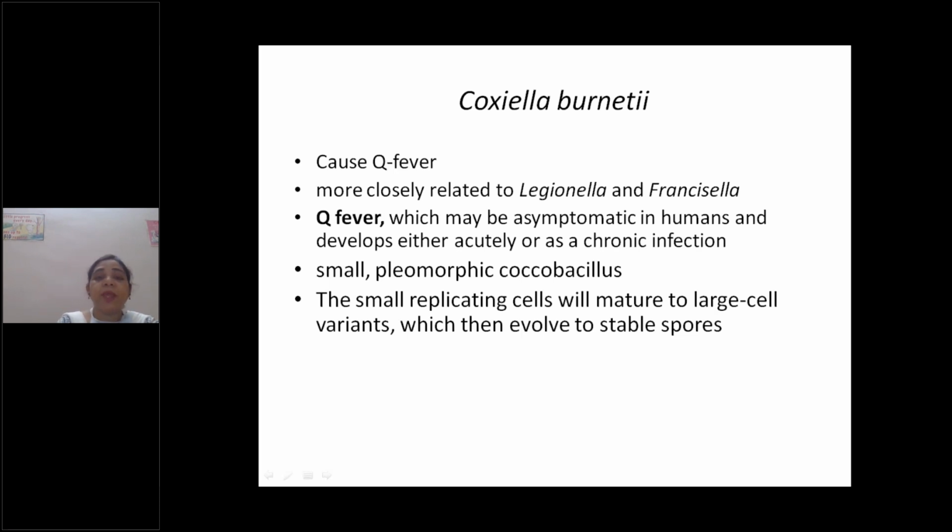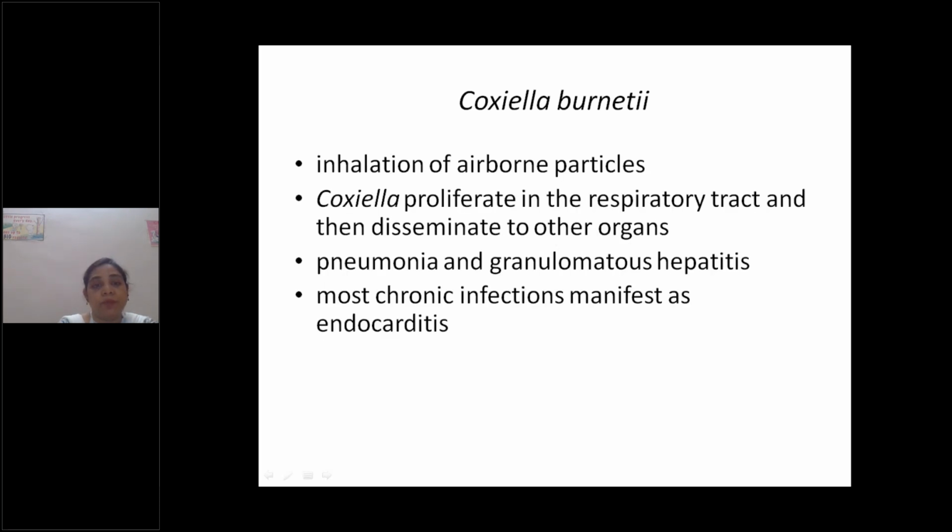Q fever may be asymptomatic in humans and develops either as an acute infection or as a chronic infection. Morphology: they are usually small, pleomorphic coccobacilli. The small replicating cells will mature to large variants, which then evolve to stable spores.